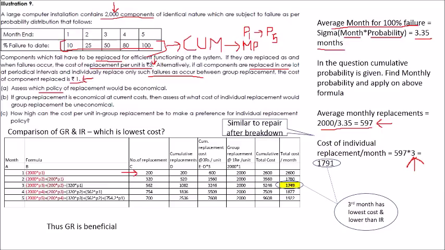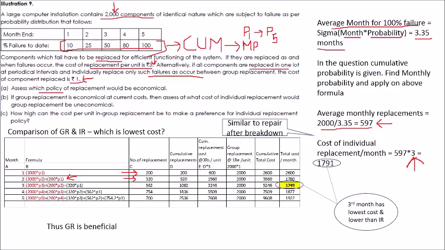For the 200 new components which are replaced in month 1, the second month is going to be their first month. So 200 multiplied by P1 and 2000 multiplied by P2. The sum of these two is going to be the number of replacements I am going to do in month 2, which is 320.